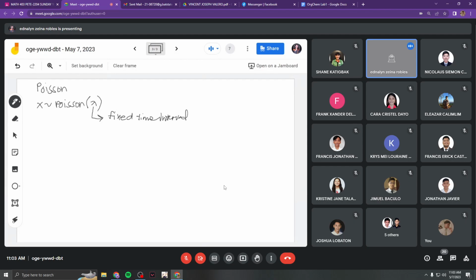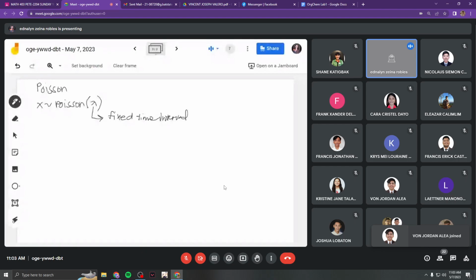But in Poisson, we set up a fixed interval in which we acquire the number of actual occurrences. So remember, in Poisson, lambda is denoted as the fixed time interval.